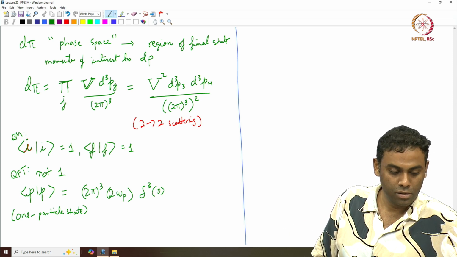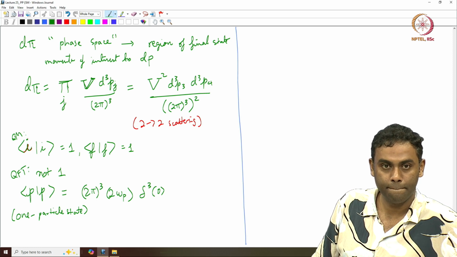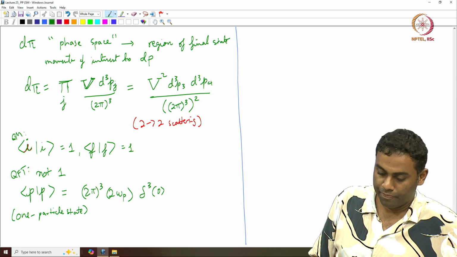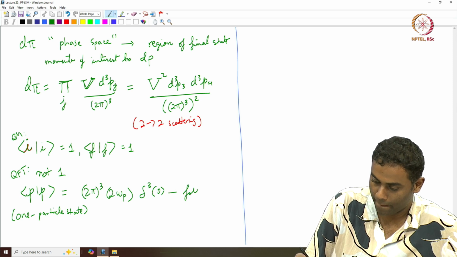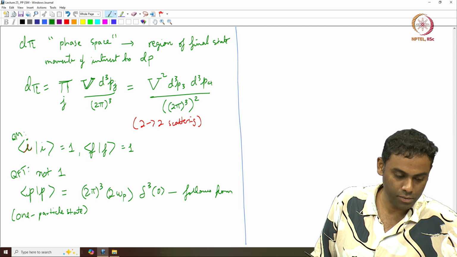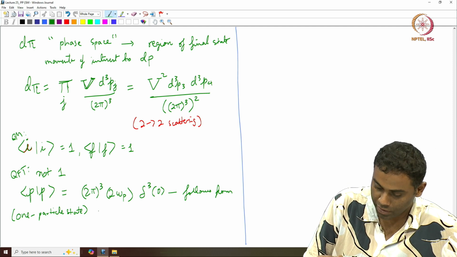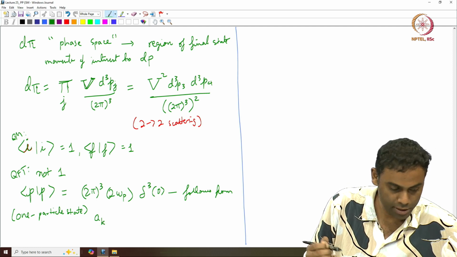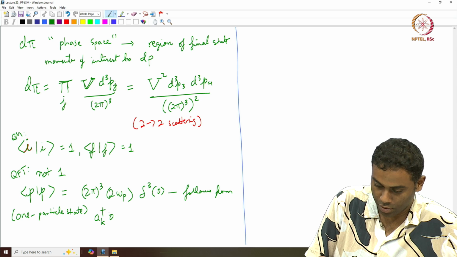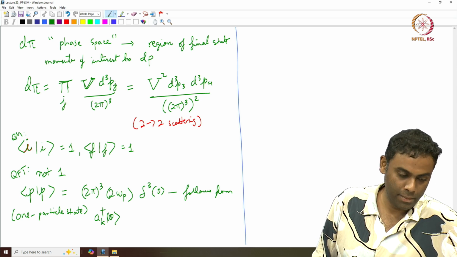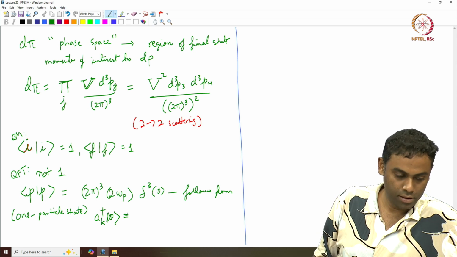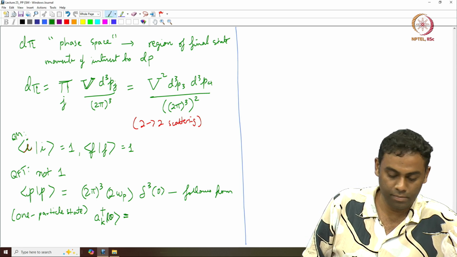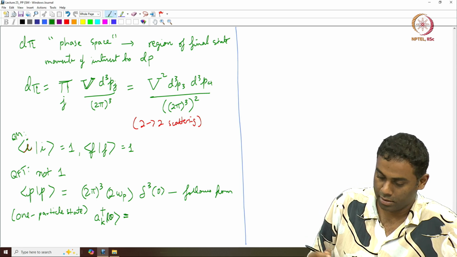So where did this come from? This follows from a few different things. This might look a bit tedious, but it's all important. If I act this operator, the creation operator, on the vacuum, what do I get?